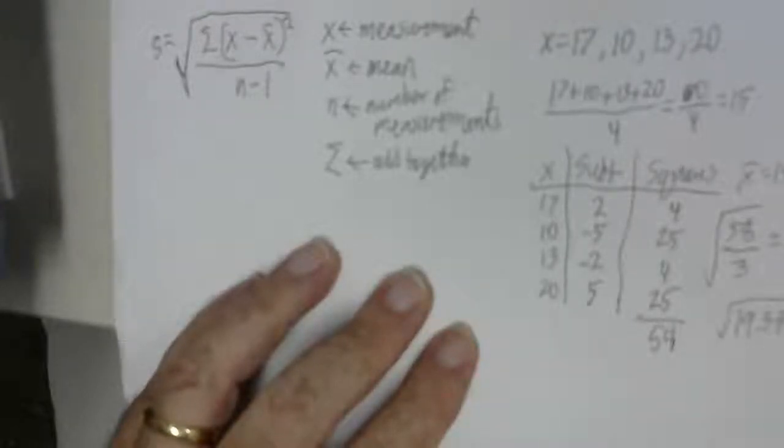Then when I do the square root of that number, I get approximately 4.4. So then this is the standard deviation for this set of numbers. Hope that makes sense.